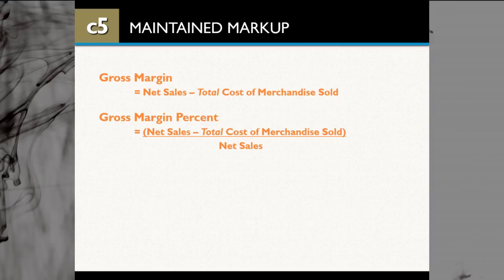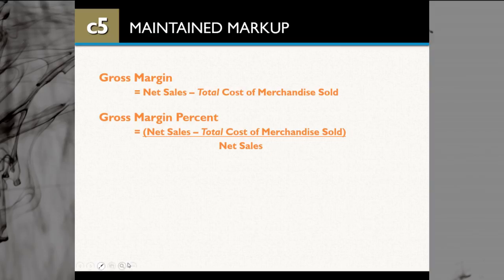So the difference between the maintained markup and gross margin, you see this is the total cost of merchandise sold, not the gross cost of merchandise sold. So this takes into consideration both alteration cost and your cash discount. And your gross margin percent will be net sales minus total cost of merchandise sold divided by net sales.